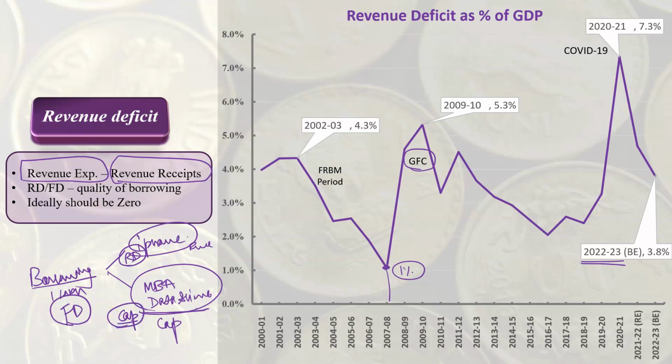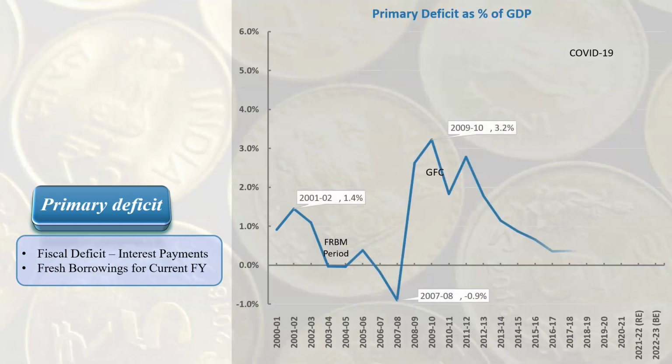So ideally what we need is that the government should be running a fiscal deficit and diverting that money towards capital expenditure rather than revenue expenditure. So that is a ratio that we need to watch out for. And I have also kept an exercise for you to track this metric and how the government has fared on this metric in recent times. Then coming to primary deficit.